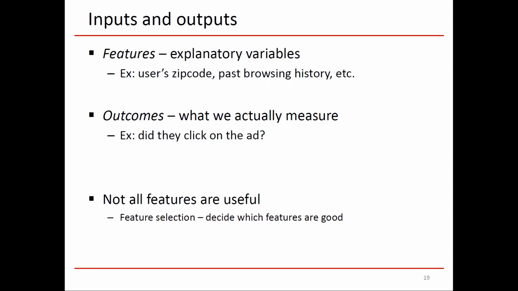And the explanatory variables could be their zip code, their past browsing history, what they purchased, what car they have, and so on. So features are the variables that can be used to explain the data. The outcomes are what we're actually measuring, meaning did they click, did they not click, how much did they actually spend if they clicked.